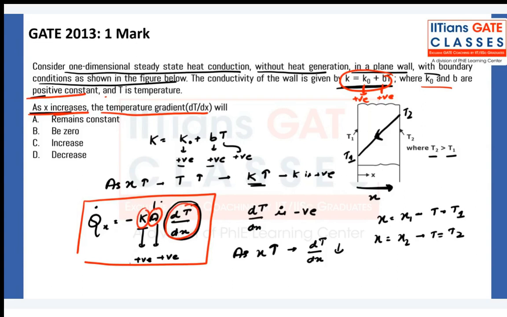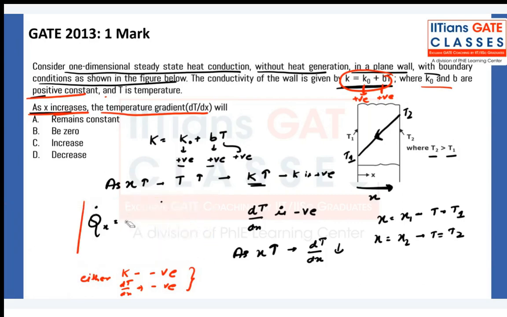In order to justify this minus, there can be at least one minus. Either K will be negative or dT/dx will be negative, any one, because if both are negative then this value will become positive. So let me remove everything.